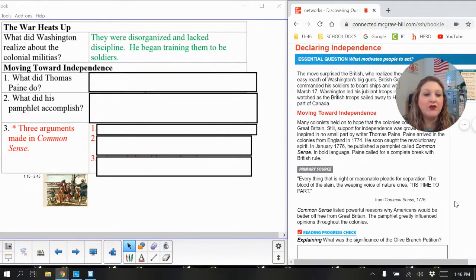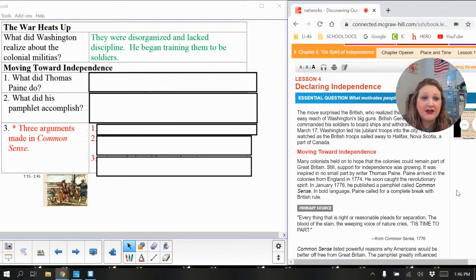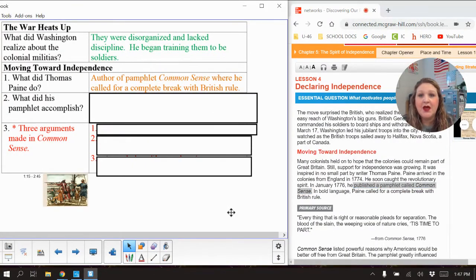Common Sense listed powerful reasons why Americans would be better off free from Great Britain. The pamphlet greatly influenced opinions throughout the colonies. So what did Thomas Paine do? His big thing that he did was publish a pamphlet called Common Sense. And in that, he was calling for a break from Great Britain.